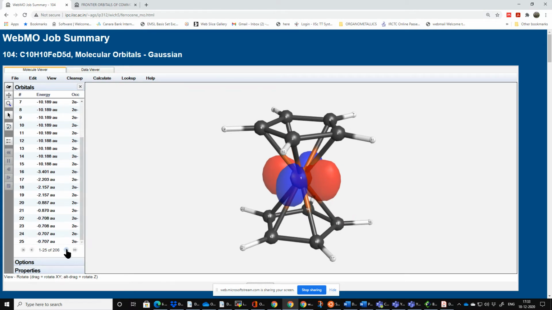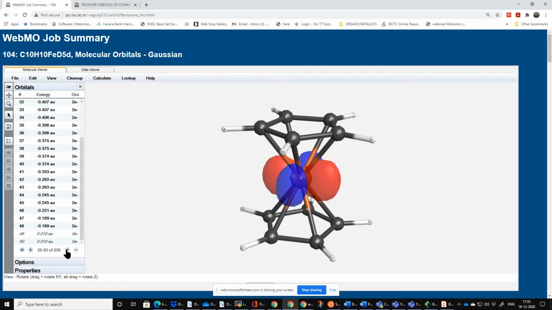Now, if I click on the panel on the left-hand side, this 48th orbital is what we are seeing on the screen. If I click on 47, I click on the degenerate orbital, which is the highest occupied molecular orbital. If you remember, in the class we noted that the highest occupied molecular orbital was the A1G orbital, or the 46th orbital as shown in this calculation.